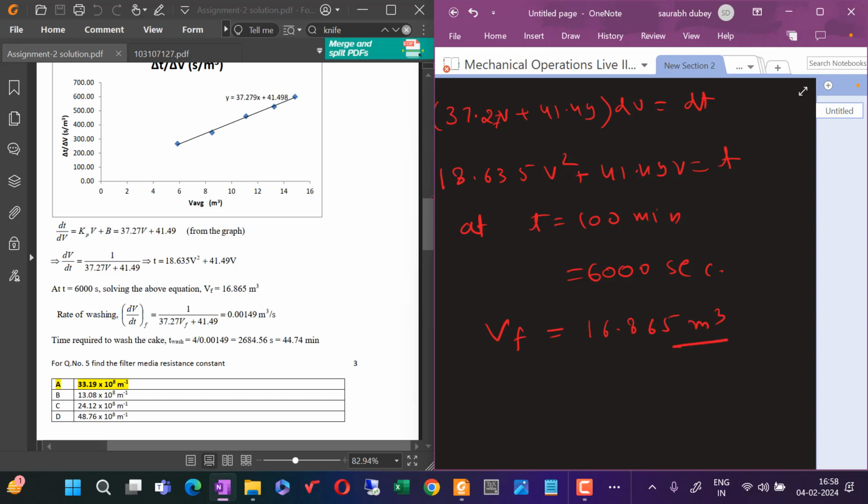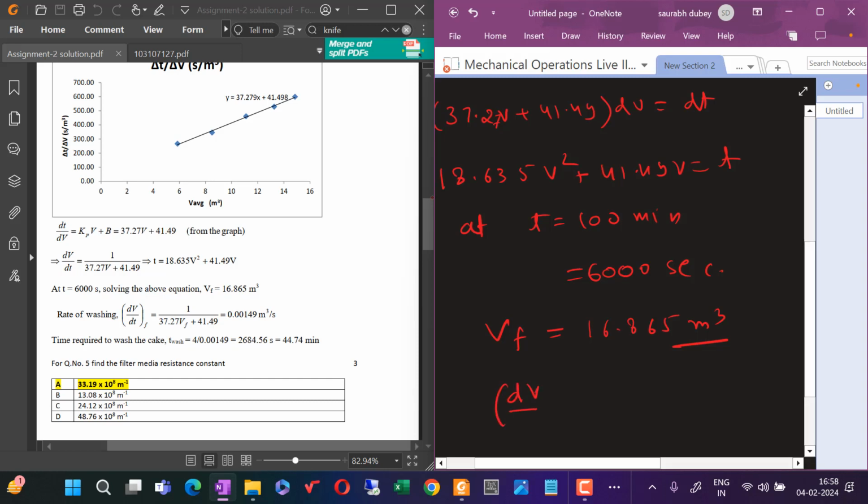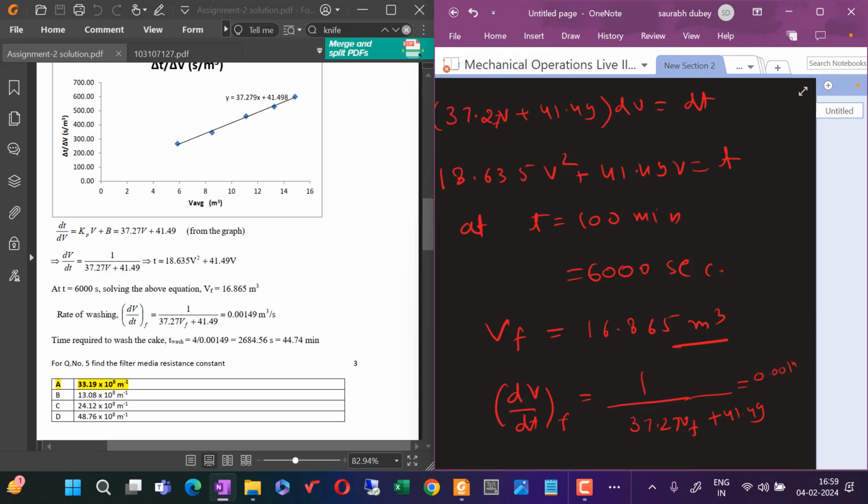This is the volume. So the rate will be what? dv by dt. There will be 37.27 vf plus 41.49. You have the value of vf, so you will get 0.00149 meter cube per second.